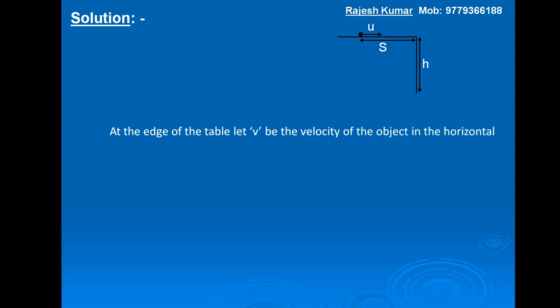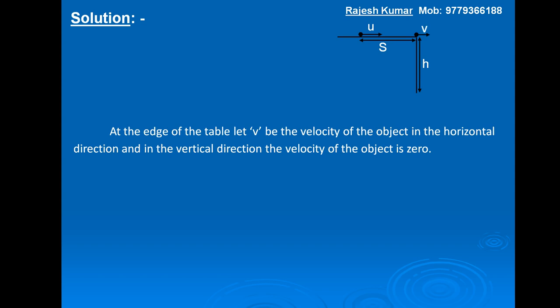At the edge of the table, let v be the velocity of the object in the horizontal direction, and in the vertical direction the velocity is 0. After that it strikes the floor after traveling a horizontal distance r equal to 1 meter.